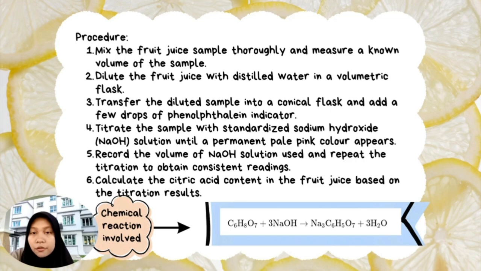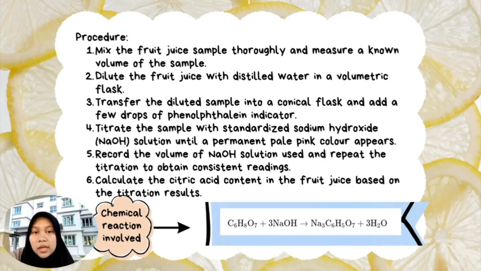So first, the fruit juice sample is measured and it will be diluted with distilled water. The diluted sample then will be mixed with phenolphthalein indicator and it will be titrated with standardized sodium hydroxide solution until a permanent pale pink color appears. The volume of sodium hydroxide used is recorded and the titration will be repeated to obtain an accurate result.